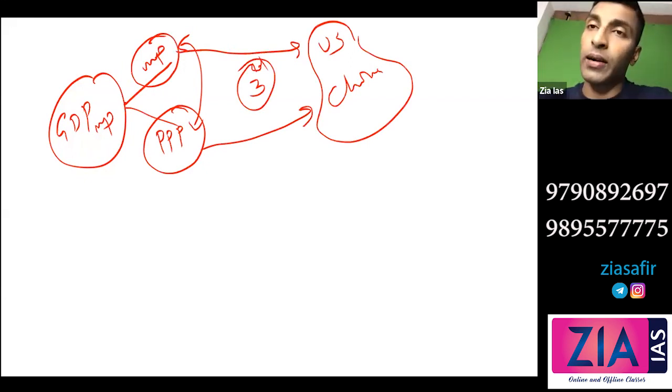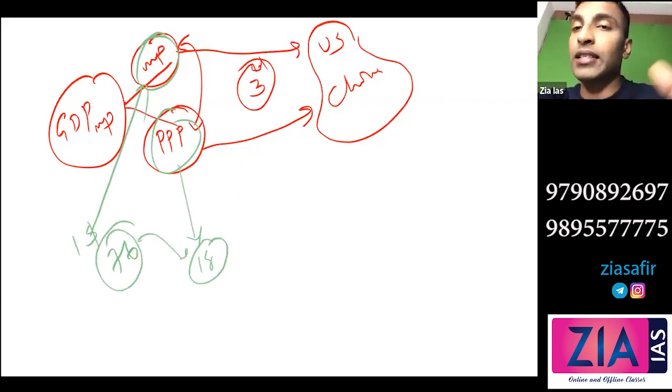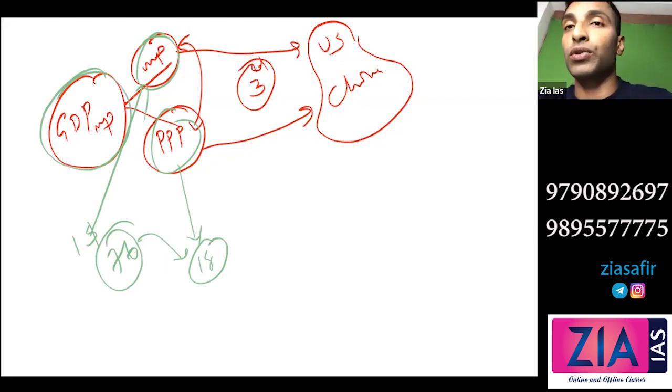The obvious reason is the $1 exchange rate. At market price, $1 is around 76, while at purchasing power parity, it's around 18 only. So that conversion happens, and that's why the difference is there. But the question you asked is which one is used for comparison. GDP at market price is used for comparison.